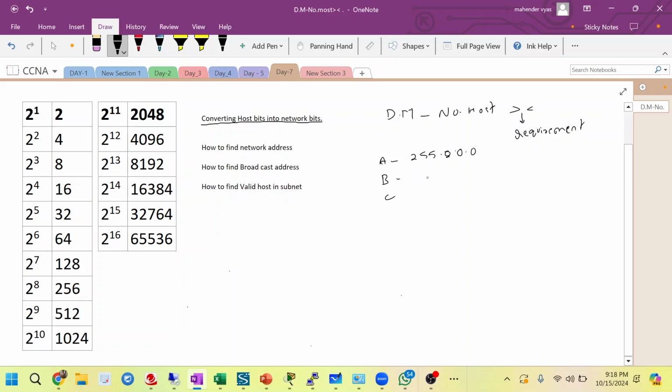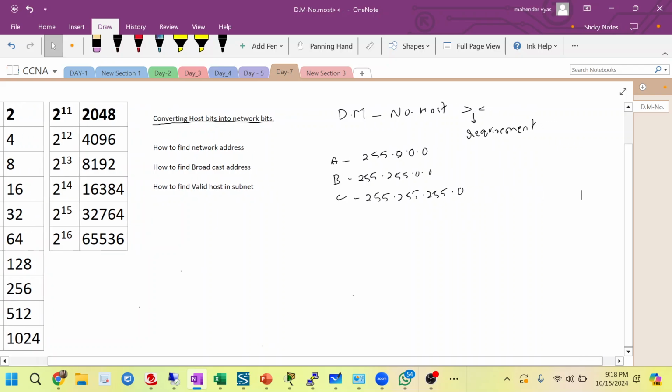If you take class B default mask 255.255.0.0, then class C if you take 255.255.255.0.